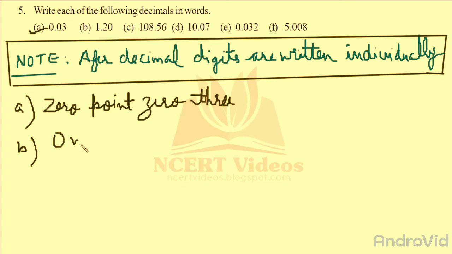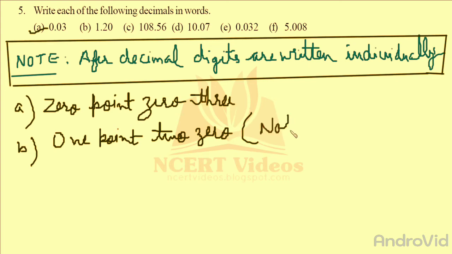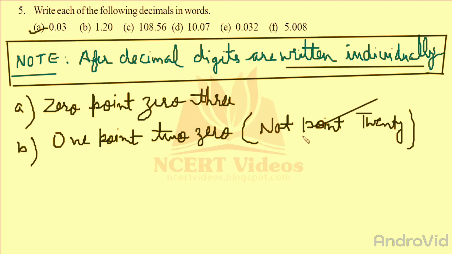It won't be one point twenty. It would be one point two zero. That is how you pronounce it. As stated earlier, not twenty. That is not point twenty. It would be point two zero. Likewise, we'll do all of them. That is written individually. Keep that point in mind.